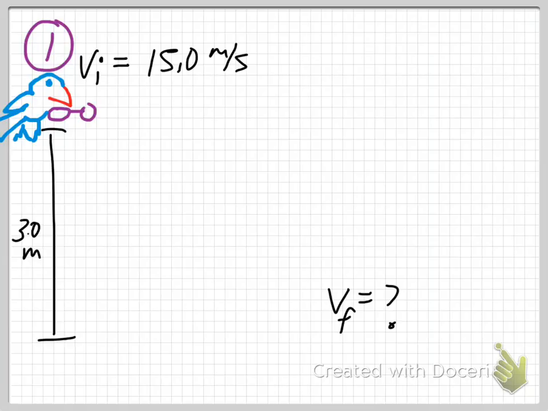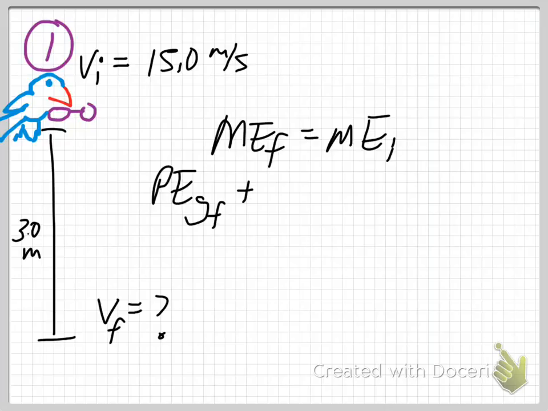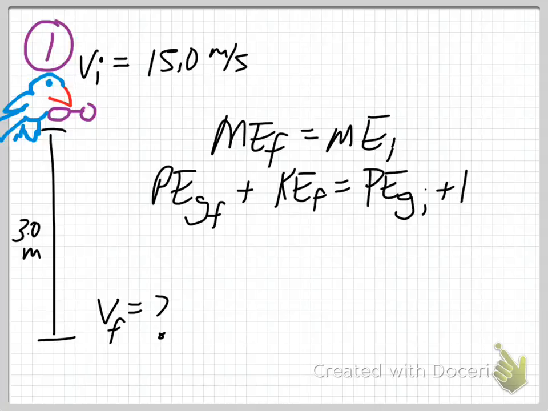So what we are aware of is that final mechanical energy is equal to initial mechanical energy: final gravitational potential energy plus final kinetic energy is equal to initial gravitational potential energy plus initial kinetic energy.